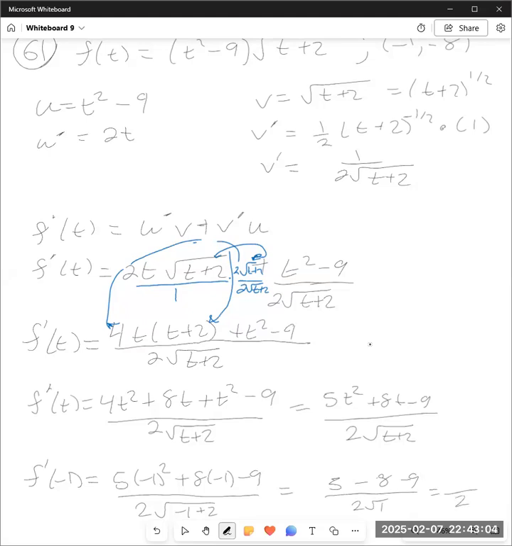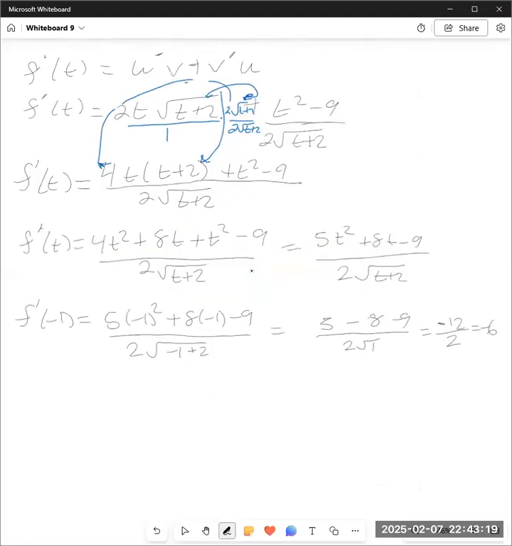So this is 2 times 1 is 2. This is 5 minus 8 is negative 3. Negative 3 minus 9 is negative 12. So that is a negative 6 for my slope. I have a slope of negative 6.